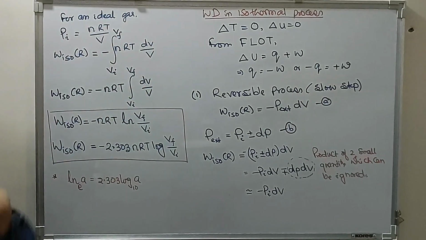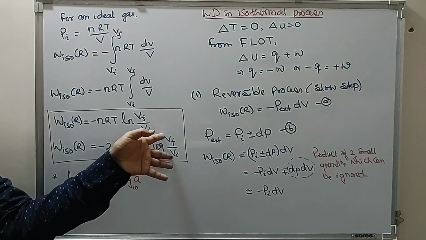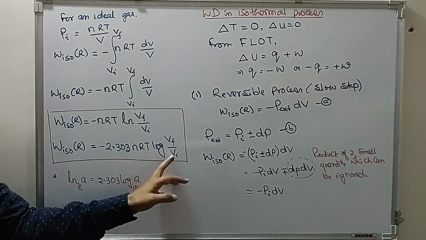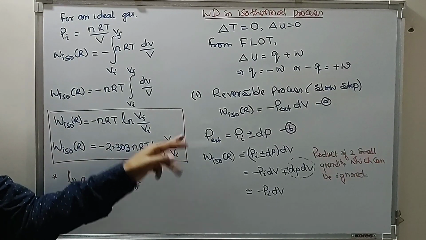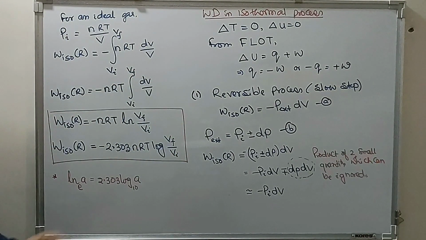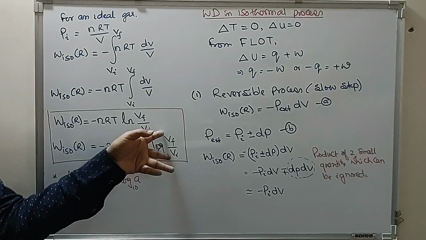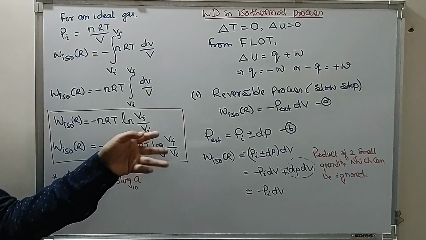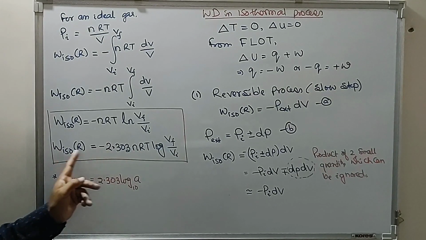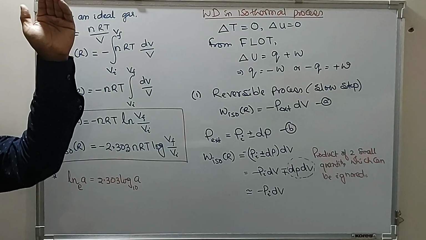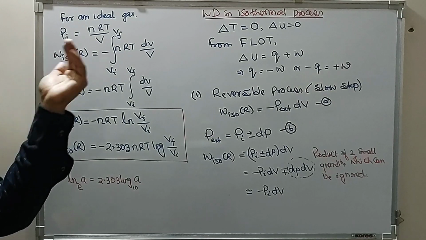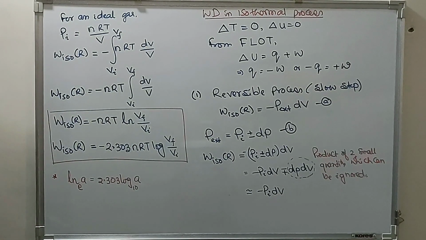If the ratio is less than 1, the initial volume is greater than the final volume, so we have compression work. The logarithm of this term is negative, so minus minus is positive, so work done is positive, that is work done on the system, compression work.